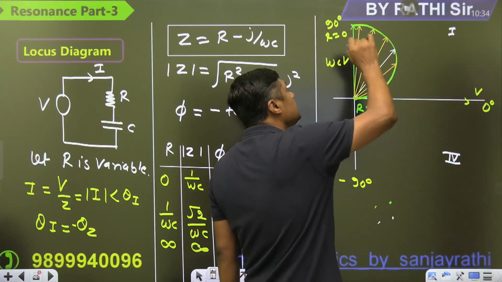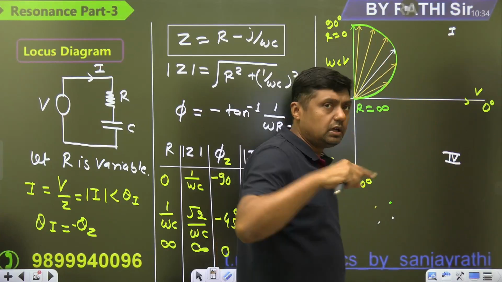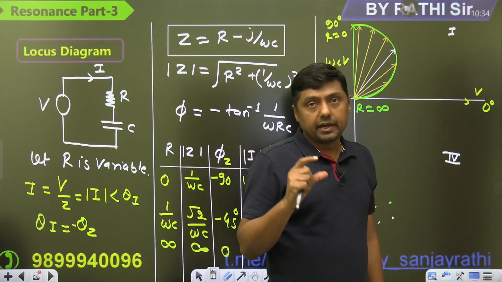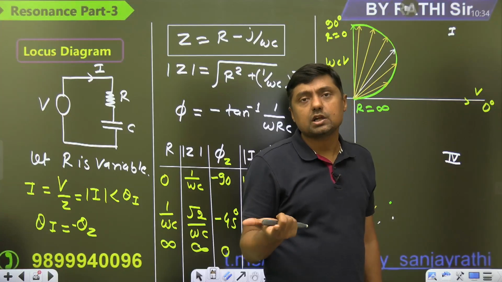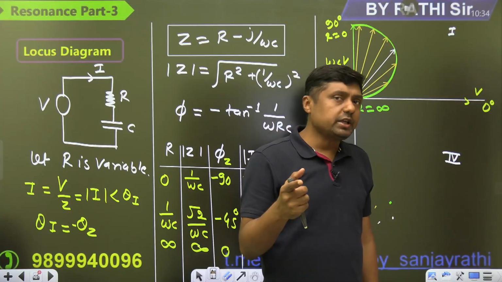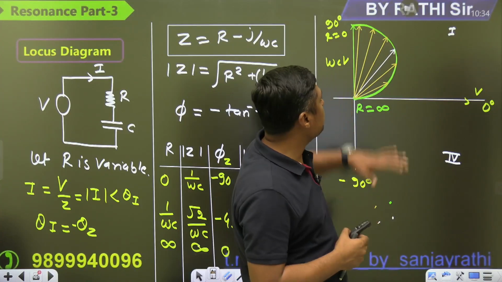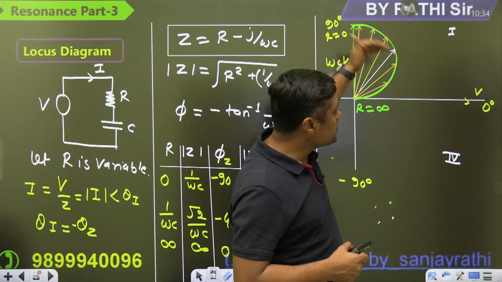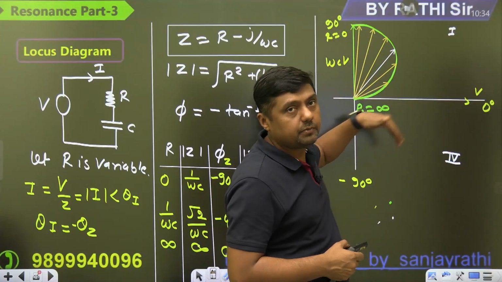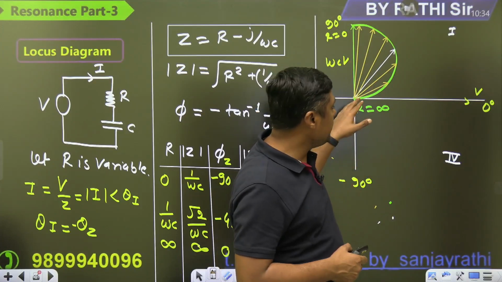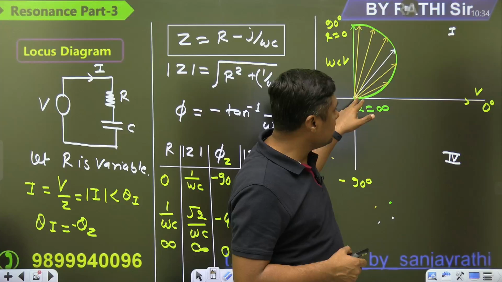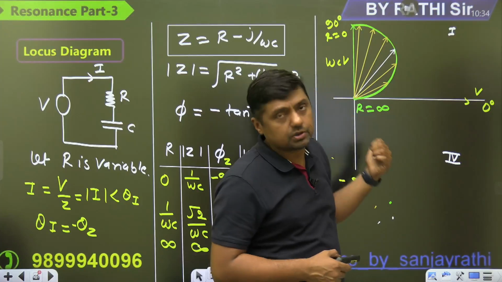Here in this first quadrant, current leads voltage. Yes, in a capacitive circuit, current leads the voltage. When it is purely capacitive, meaning R is 0, the phase angle is 90 degrees. When it is purely resistive, meaning R is infinite, because R is variable, the angle becomes 0, but the magnitude of the current is 0.